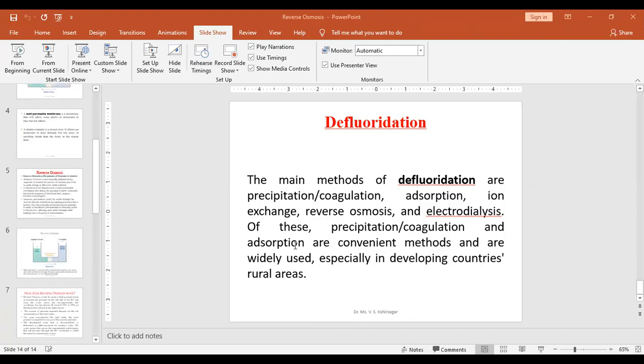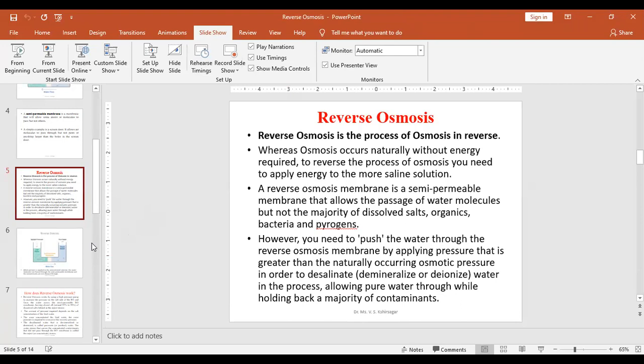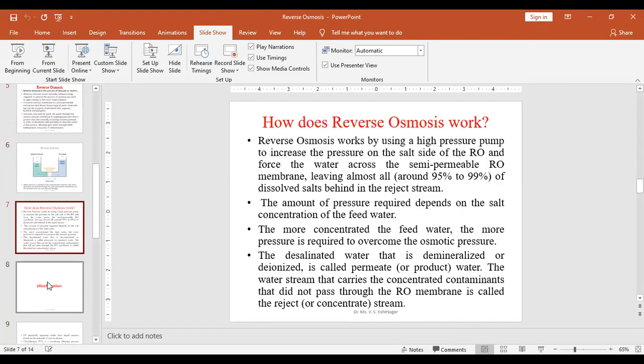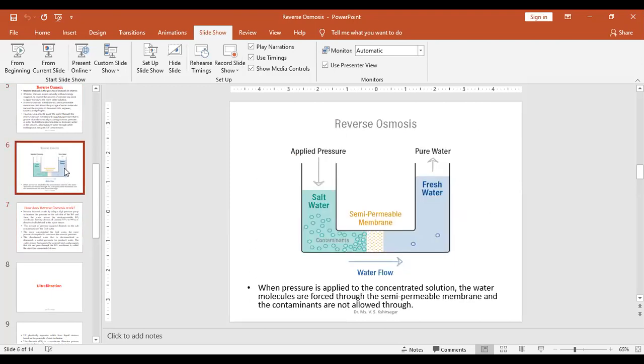So I think in the last lecture we have finished all the methods up to reverse osmosis. Also, we have discussed that in reverse osmosis we are using a membrane filter, a semi-permeable membrane, which allows only the water molecules to pass, not any other impurities.